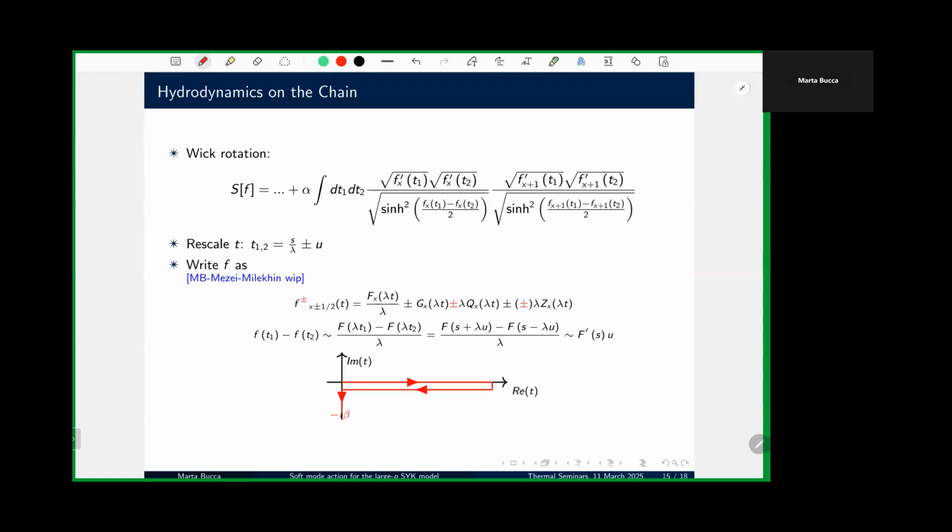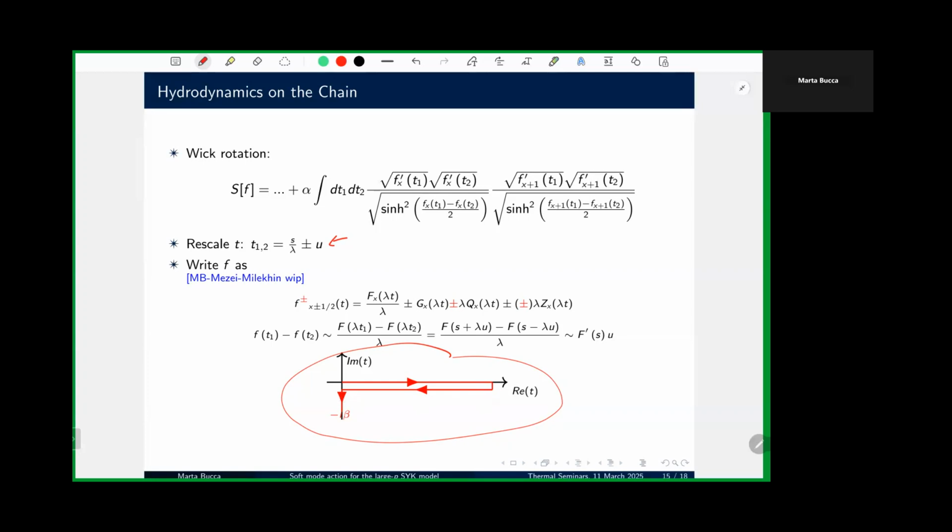So now to perform our derivative expansion, we can rescale time. And we do so by defining tau12 as s over lambda plus minus u, where lambda is going to be our parameter for the derivative expansion that we will consider. And we're considering the following Schwinger-Keldysh contours. So we're first going forward in time on the real axis and then going backwards.